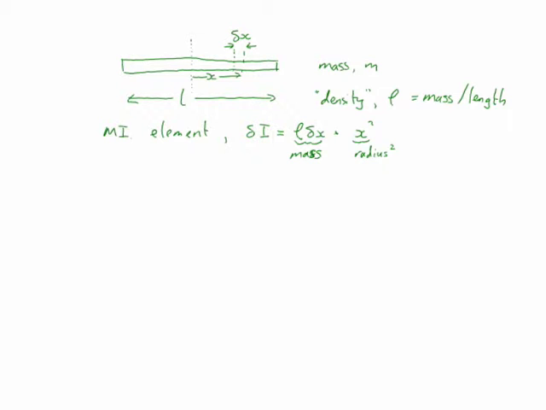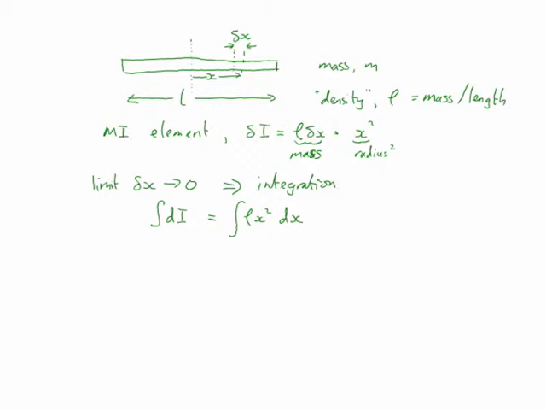We want to take the limit as delta x goes to 0, which implies integration. Right? So what we have now is the integral of all the little moments of inertia, so that's the integral of this side of the equation, equal to the integral now of rho x squared dx, right?